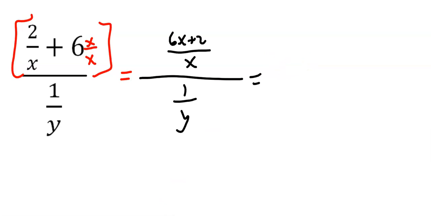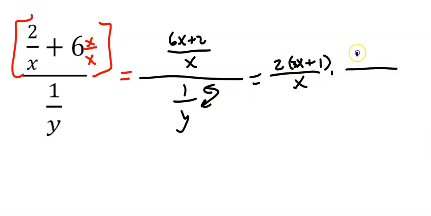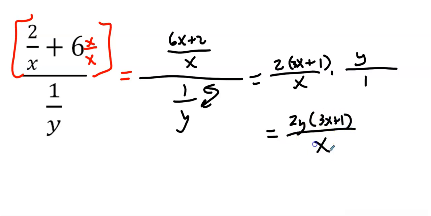Take the GCF out, which is not 3, it's 2. So it'd be 2 times 3x plus 1 over x times the reciprocal of this guy, which is y over 1. So we get 2y times 3x plus 1 over x. The other way of doing this is to multiply top and bottom by xy. That'll make all the denominators go away as well.